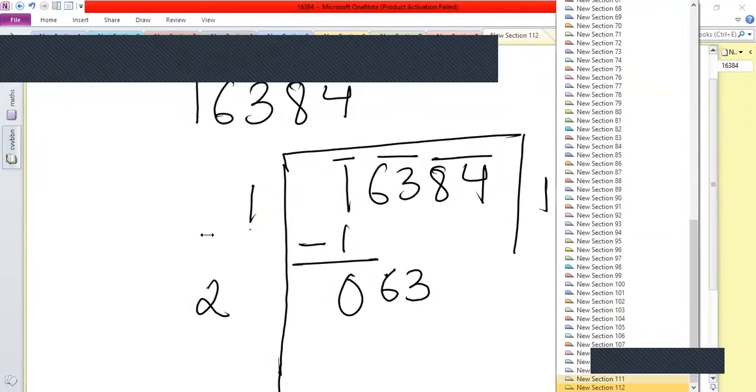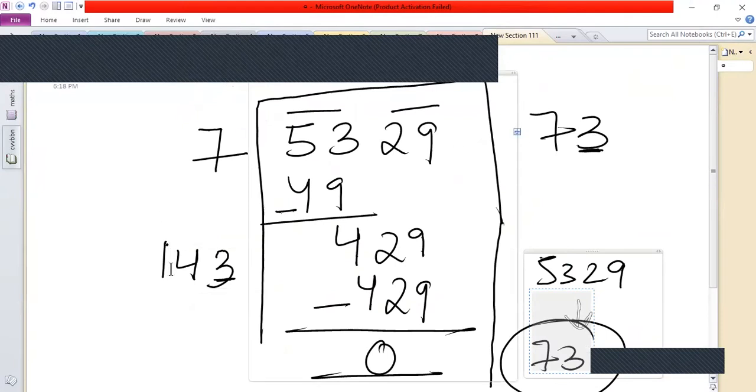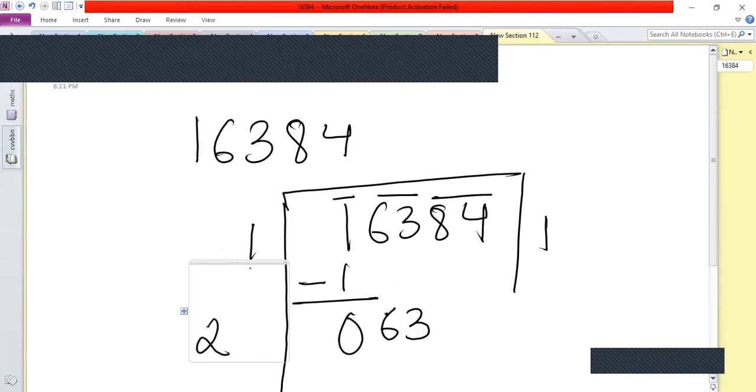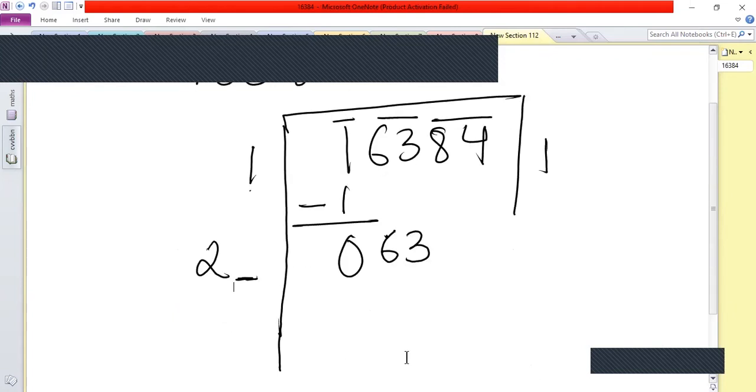Let's see here. So you added 7 and 7, 14, and then you put down the digit. So here also you're going to do the same only. You are going to first add them. 1 plus 1, 2. Now you have to fill the digit here, right? Yes, ma'am. Okay, do it.